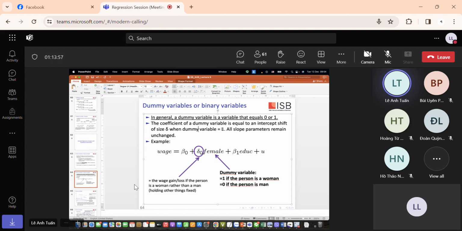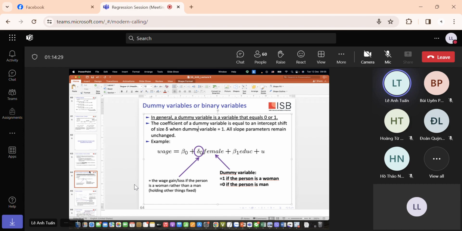That means the coefficient on the dummy variable is the effect when the dummy variable equals 1, with all other coefficients unchanged. The coefficient may be positive or negative, that means the wage gains or loses if the person is a woman rather than a man, holding other variables constant.